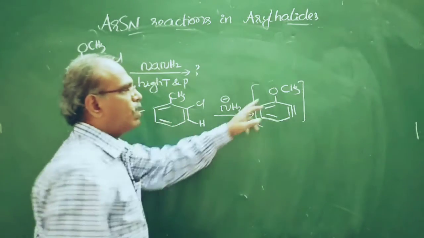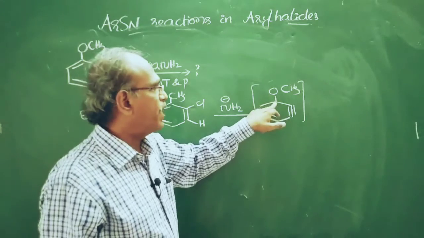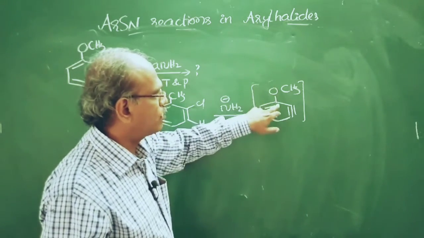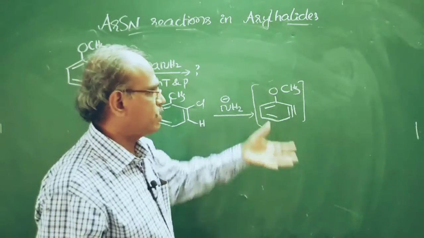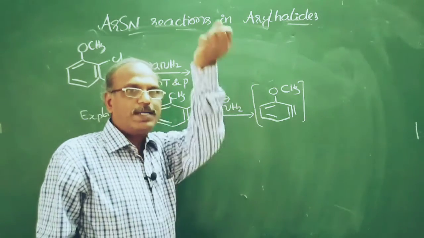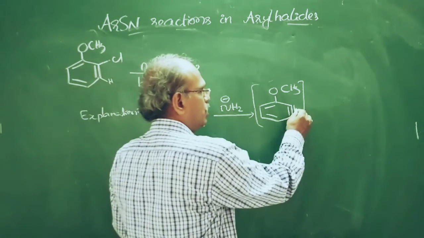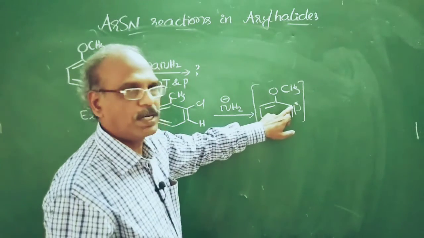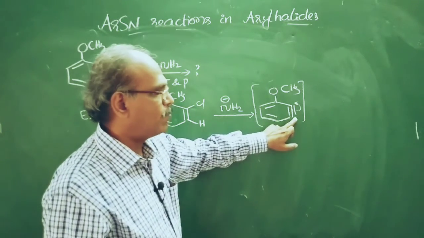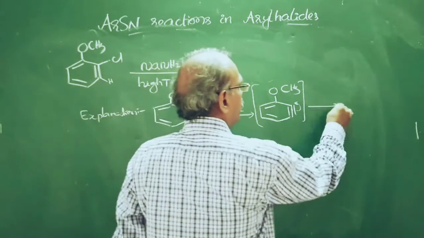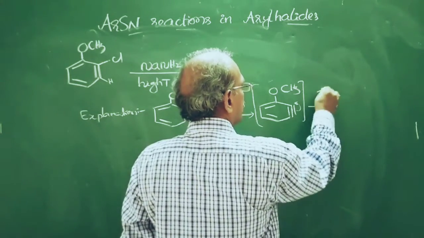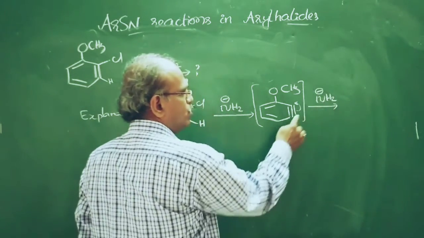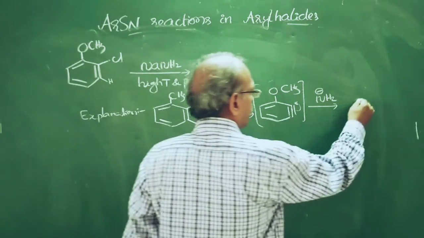But what about the OCH3 minus I group? Oxygen is more electronegative than carbon. Because of that, it attracts the electrons in this direction. So these pi electrons move in this way. The upper carbon gets minus, the lower carbon gets plus. Therefore, NH2 minus adds on to the positive terminal. This is the positive terminal.